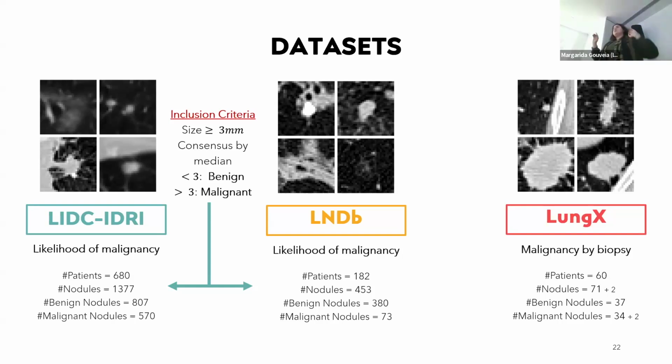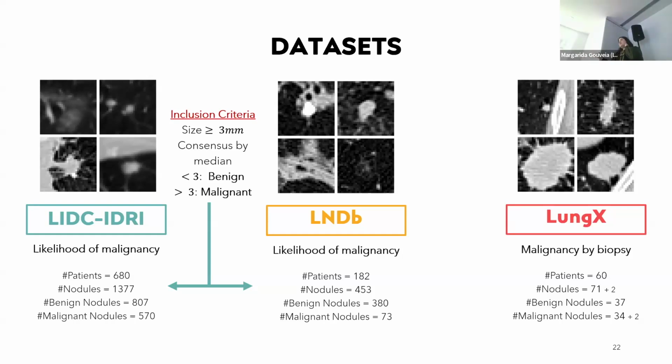The LNDB dataset is a dataset from INESC TEC, from the CBER group, acquired for a competition. It's public, it's a small dataset, but the annotation process followed the same protocol as the LIDC, so it's a different dataset, but considering the type of annotation it is in-domain data.